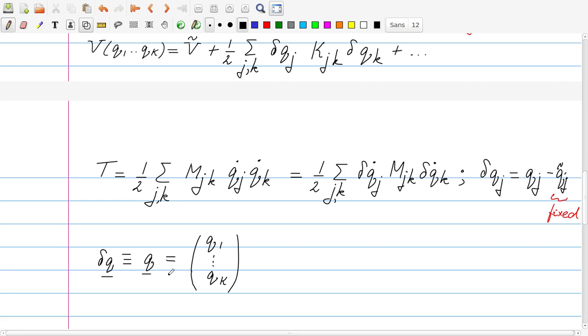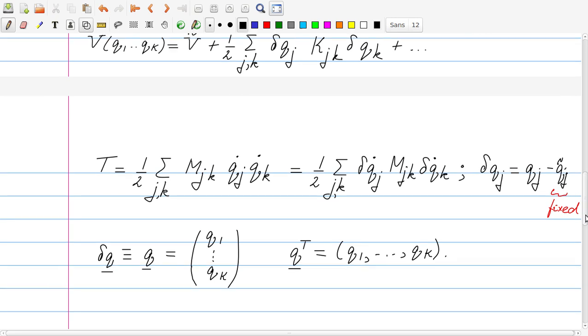So from now on, when you read a q_j, it is in fact delta q_j. And I can write this q, which is a vector, as a column vector, q_1 to q_K. I could also consider q transpose, that's the transpose of the column vector, and that will become a row vector, q_1 running up to q_K.